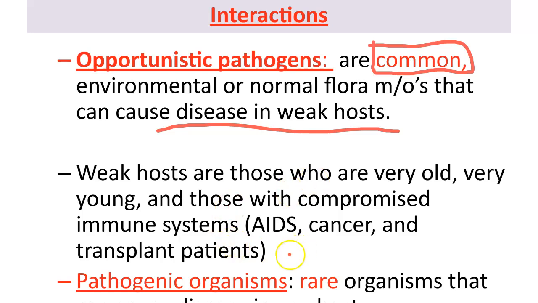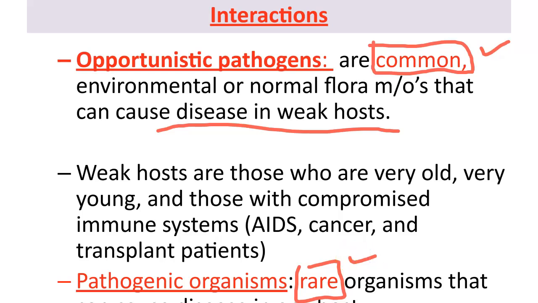In contrast, true pathogens are organisms that are rare and can cause disease in any host. So notice that there are two characteristics of opportunistic pathogens versus pathogenic organisms. Opportunistic pathogens are common. Pathogenic organisms are rare.